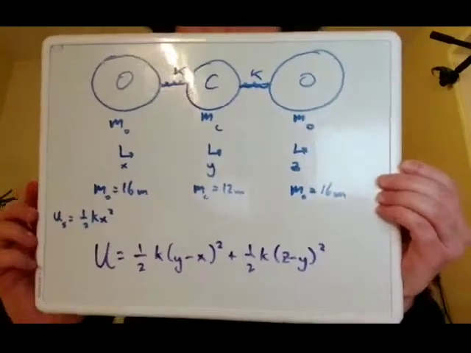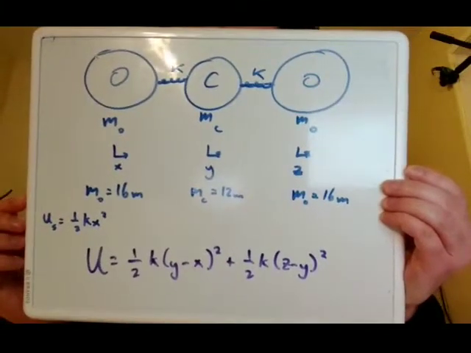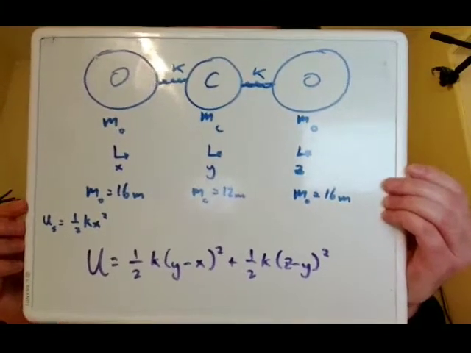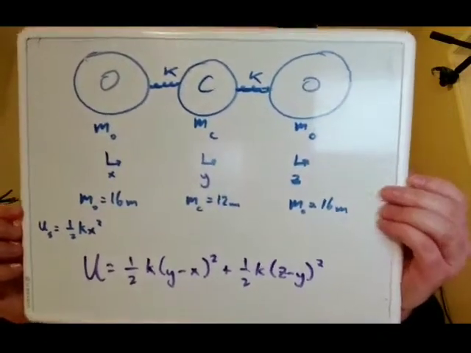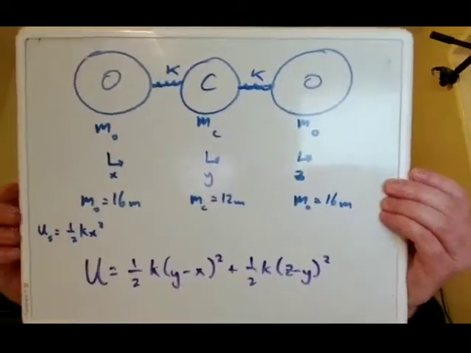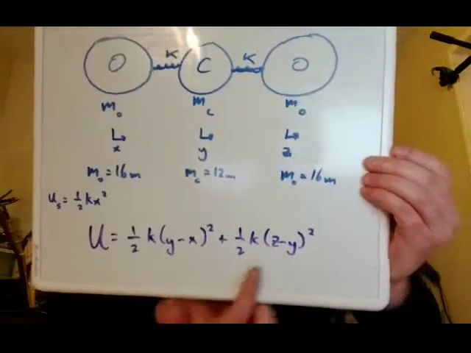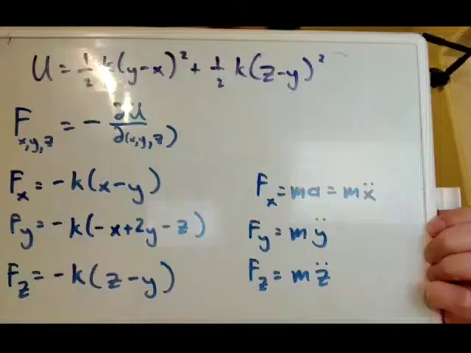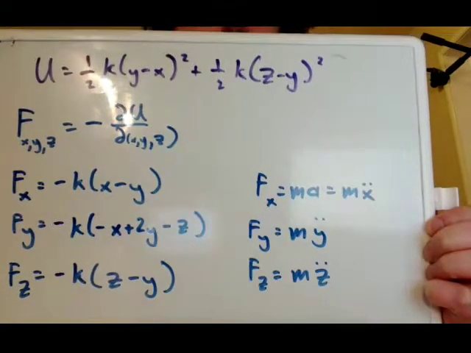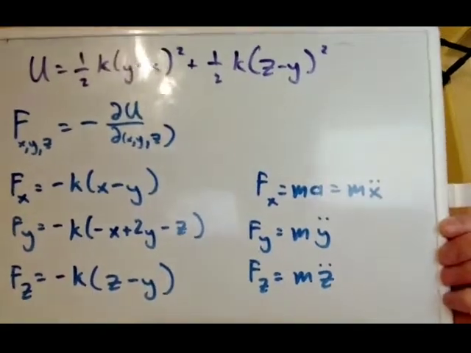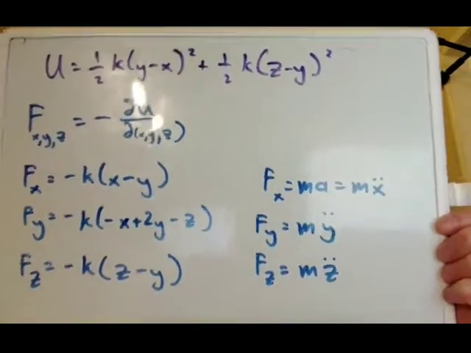And what we could do then is use the potential energy equation for a spring to create an equation for the potential energy of the entire system, which is this right here. According to hyperphysics.phy-astr.gsu.edu, we know that force is equal to the negative partial of potential energy with respect to position.